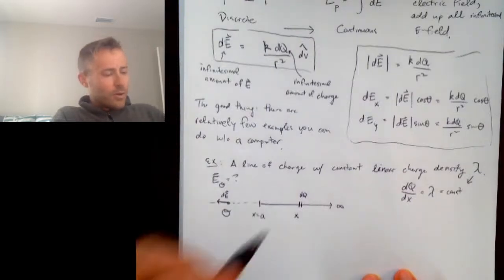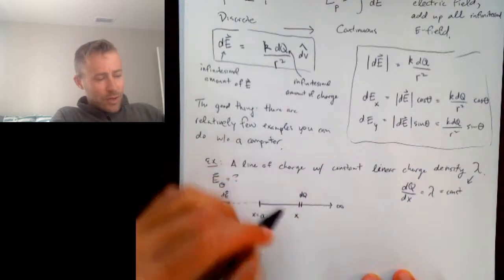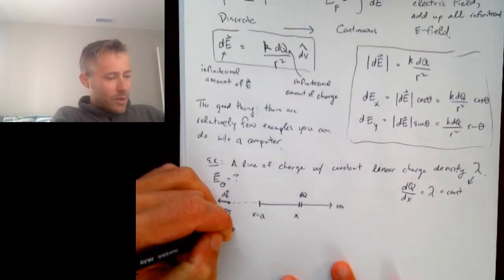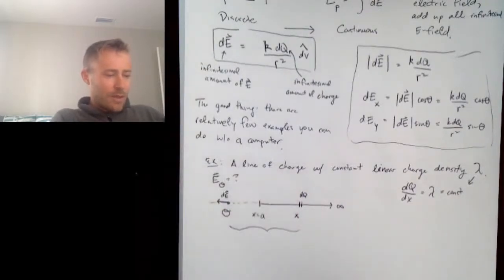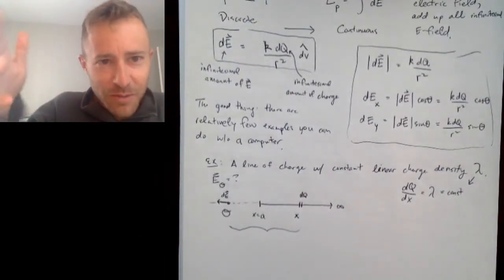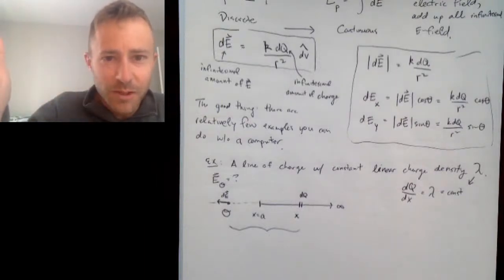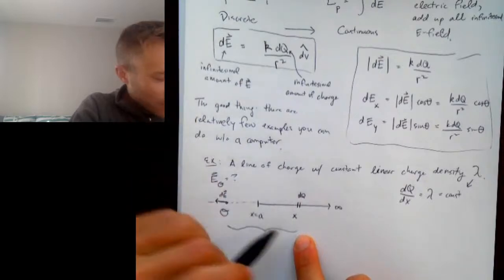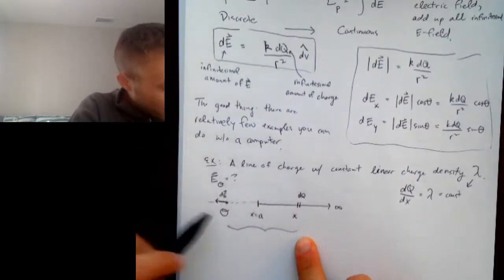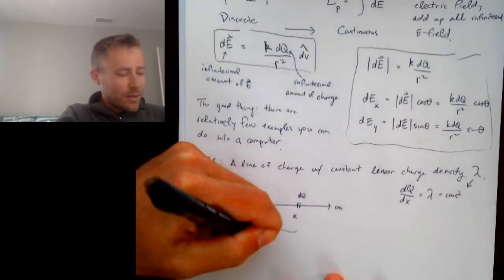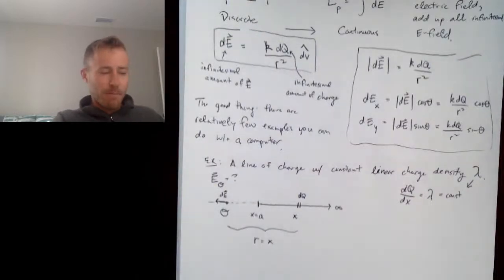Because this tiny charge is at location x, how far away is it from the origin? Well, it is a distance x away from the origin, because that's what x means. If you're at coordinate x equals 5 meters, then you're 5 meters away from the origin. So the distance from the little piece of charge to where we want to calculate the electric field, that's called r, and that distance is equal to x.